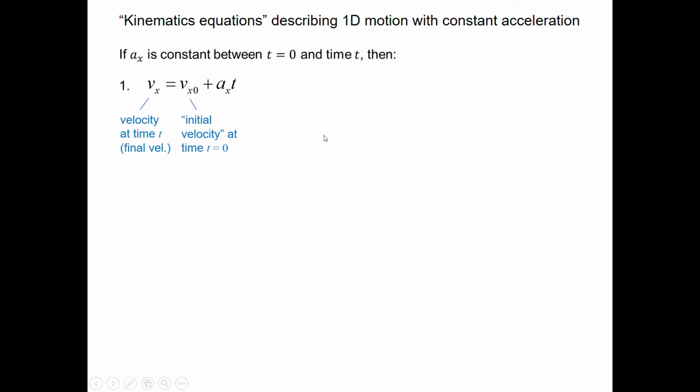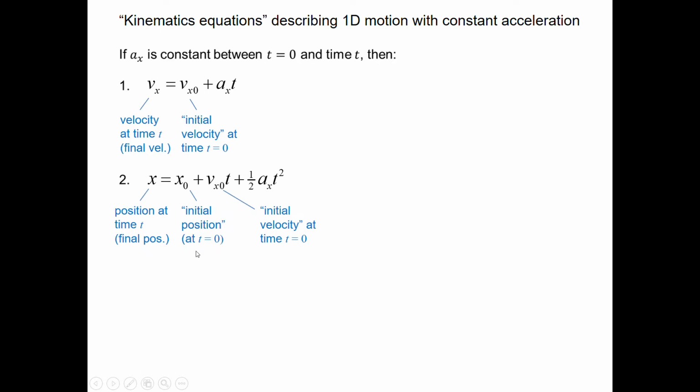I'm not claiming we showed how to do it here, but using some calculus, you can get that equation from the assumption Ax equals constant. So Ax is independent of time. The second equation that follows is x equals x0 plus Vx0 t plus 1/2 Ax t squared. Again, what do those symbols mean? We'll be doing a lot of practicing with this.